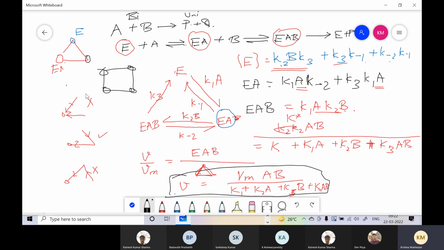Do you want me to solve more problems in King Altman, different examples, more complex examples, or do you think you can take it up from there? You can solve other King Altman problems. So you need to give me feedback, and then we will solve more King Altman problems, bi-bi, ping pong, so many other things.